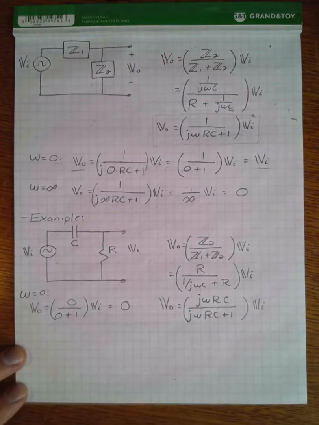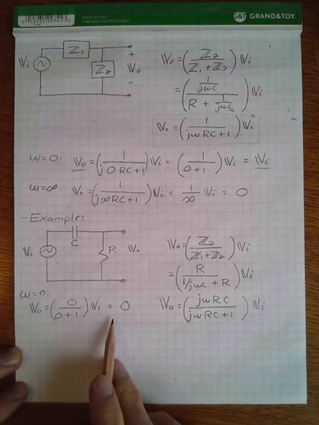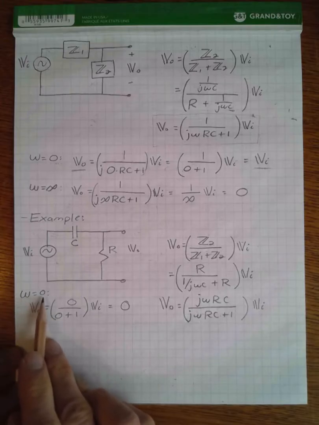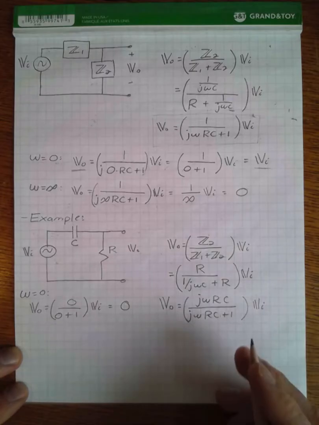And so we now have a circuit that will basically block the input voltage for omega equal to 0, or very low frequencies, because we have an omega term on our numerator now.